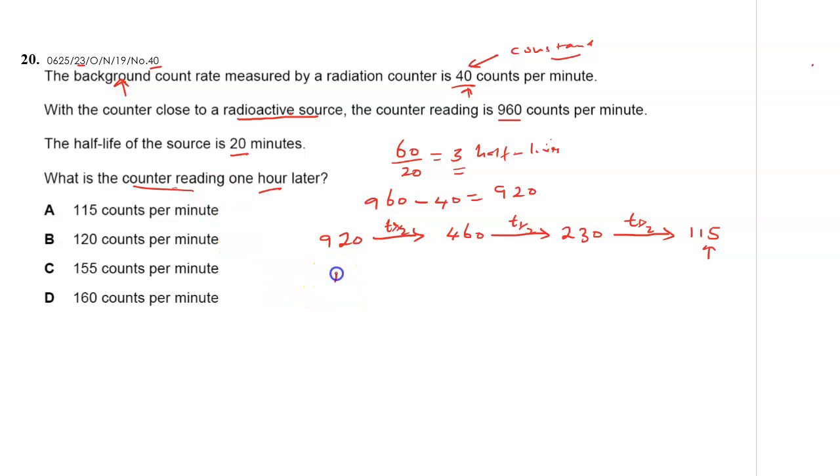And therefore, now we take 115 plus the background radiation, which is 40, and this will give us 155. 155 counts per minute will be what the counter reading will show. So that is the count the meter will read, the number of counts plus the background radiation.